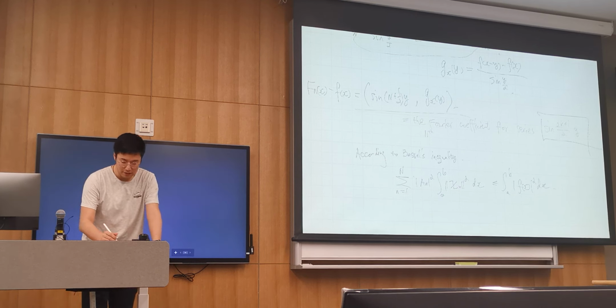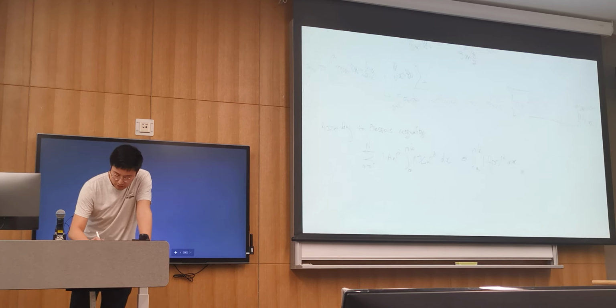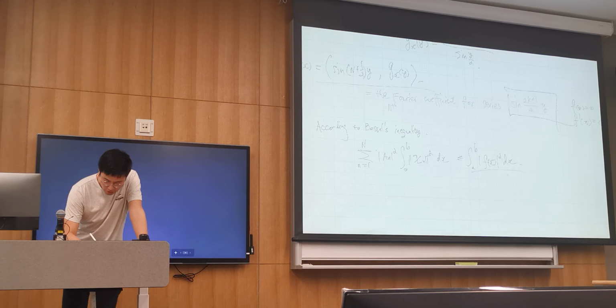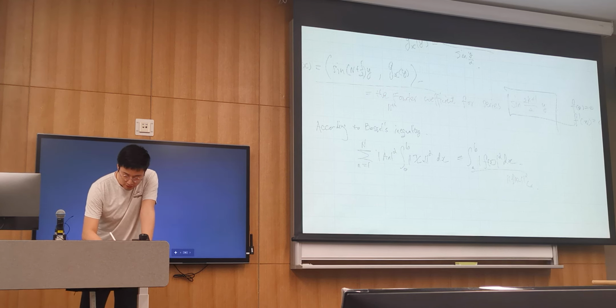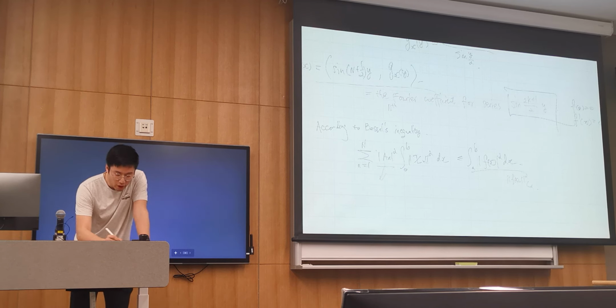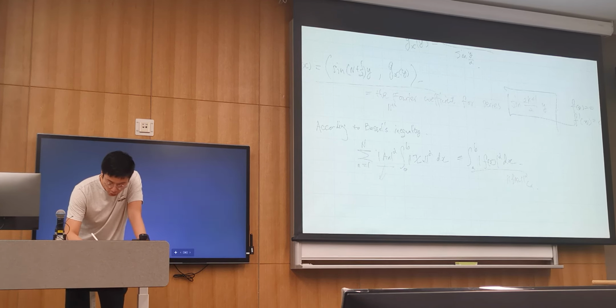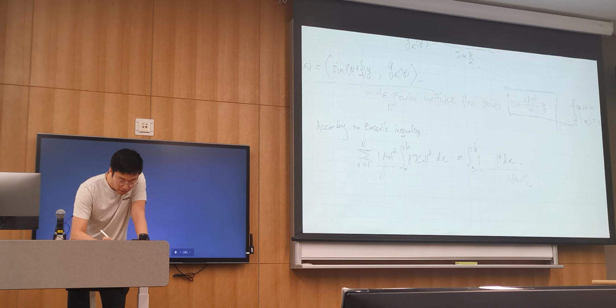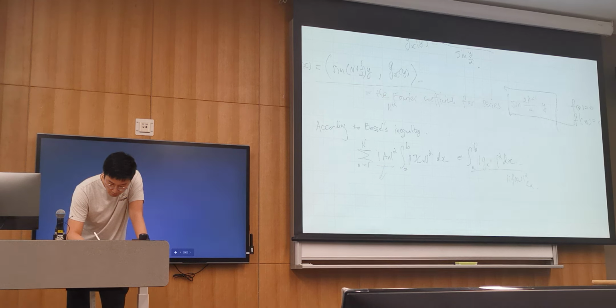The right-hand side is actually the square of the L2 norm of f(x). In our case, why don't I just simply write it down as g(x,y) dy.